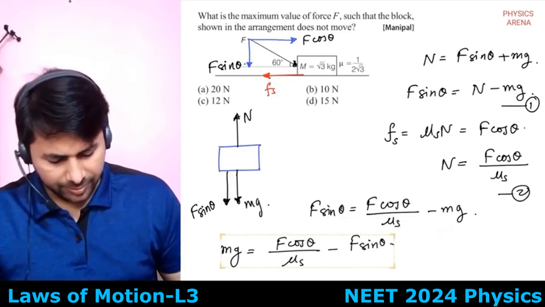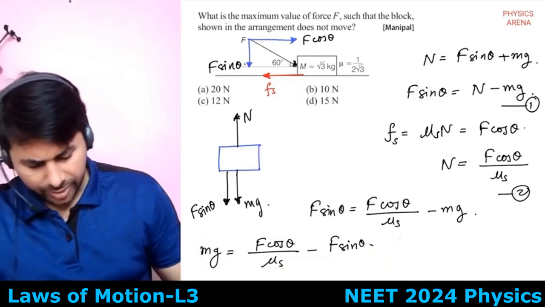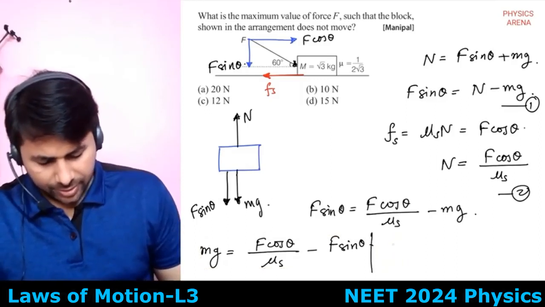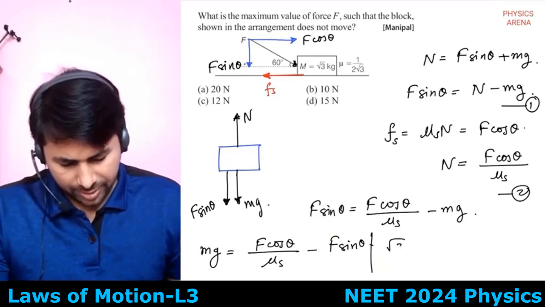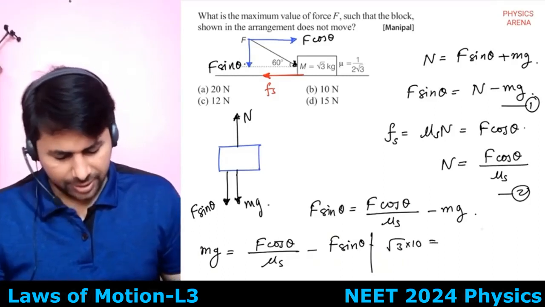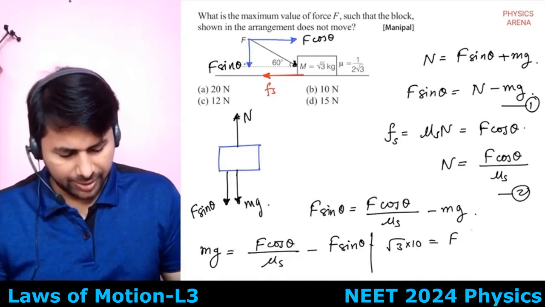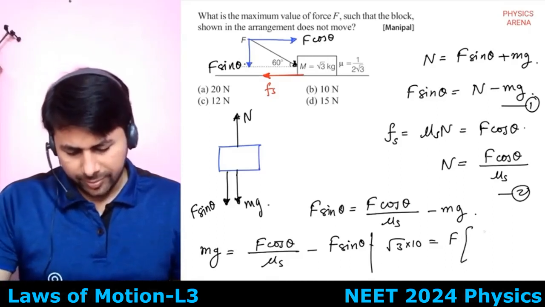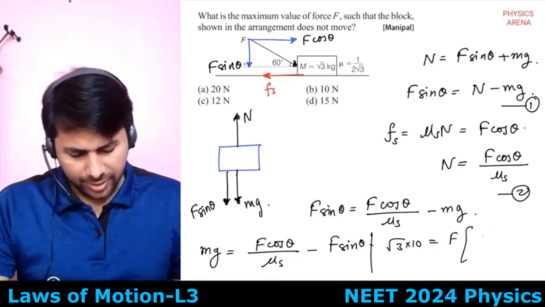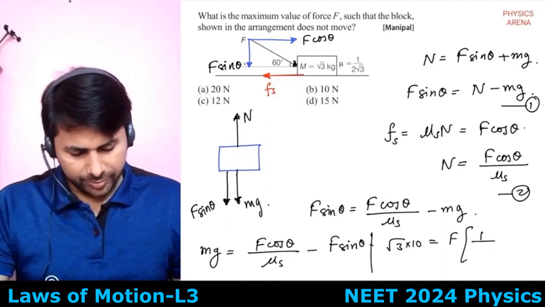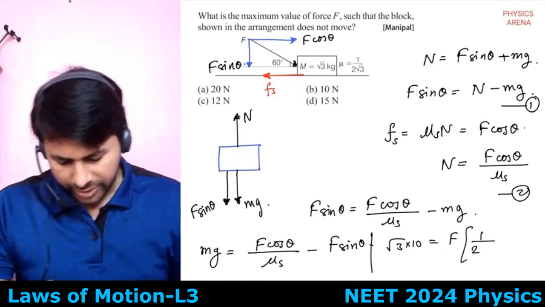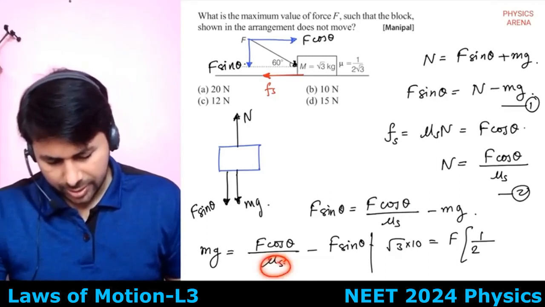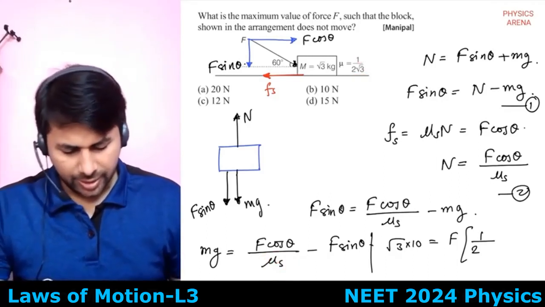F we can take common, and what do we get then? So mg is how much? M is root 3. Root 3 times 10 is equal to this thing. F I will take common. Cos theta is cos of 60, which is 1 upon 2. Okay, mu s is how much? It's 1 upon 2 root 3.